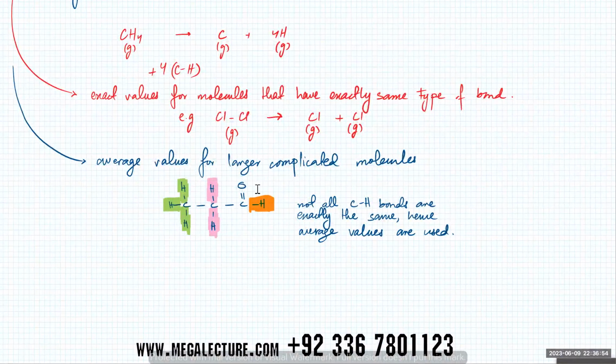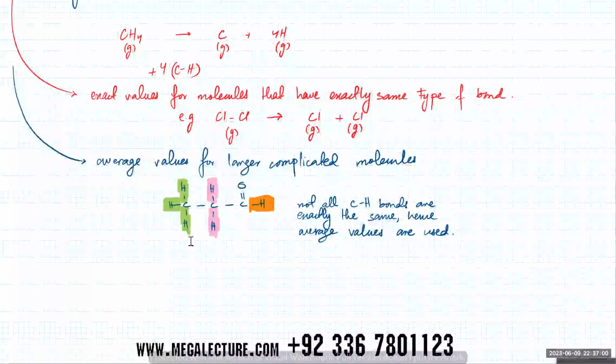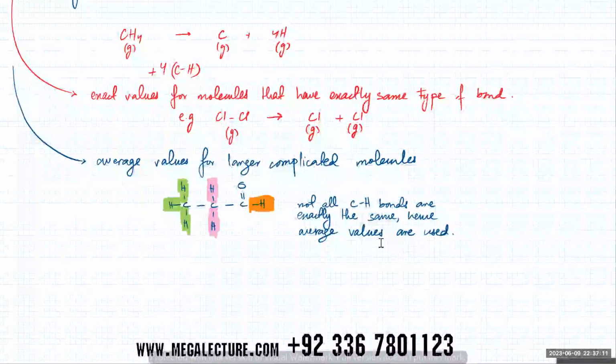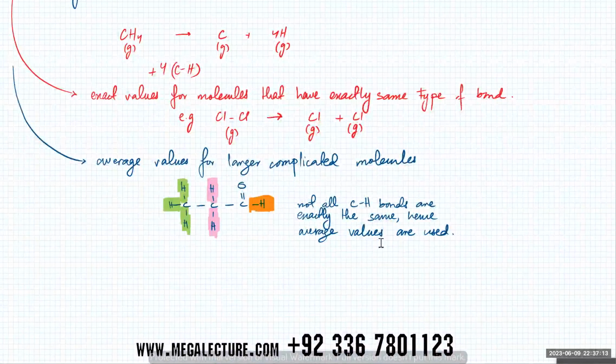This CH bond is different compared to the CH3 CH bonds over here. But since they are CH bonds, you take the average. So sometimes for bond energies, you have to use average values, while at other times, you get exact values. I mean, that's the whole point.